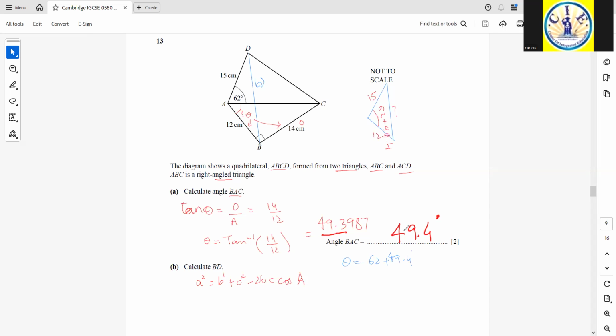That would give us 111.4 degrees. So when we replace the values, I need to calculate the side BD.